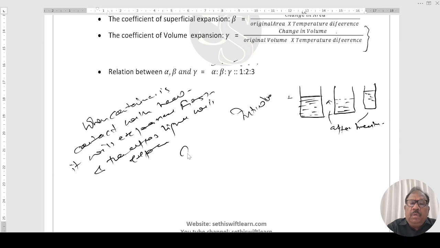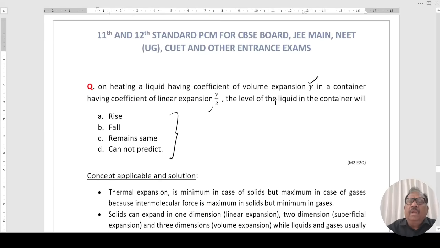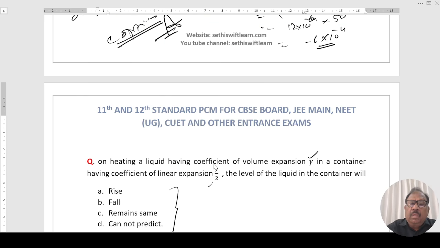Now, according to the question, the coefficient of volume expansion of the liquid is gamma, and that of the container is 3 into gamma by 2. Because linear expansion is given to you, therefore the coefficient of cubical expansion will be 3 gamma by 2.